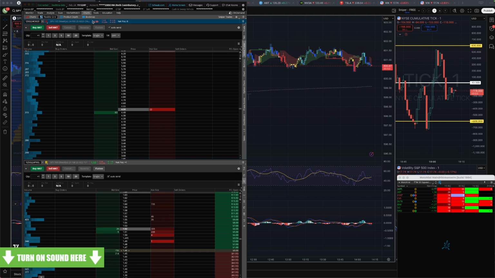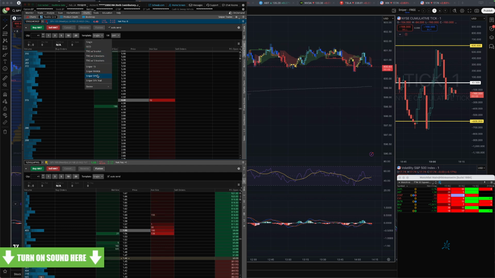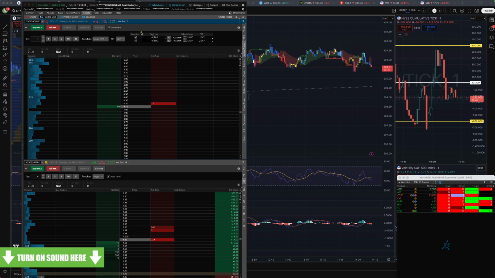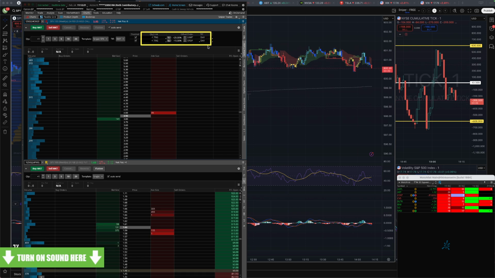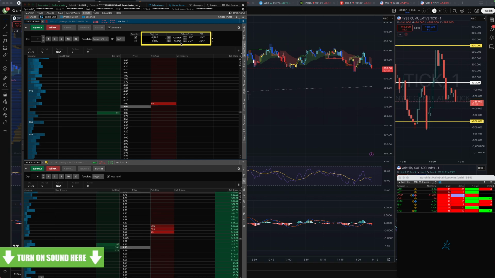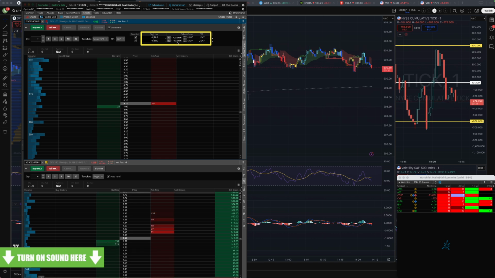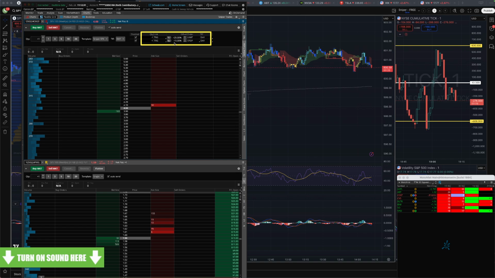On an OCO order, I have it set. You see this sniper SPX. If I pull that down, you'll see right up here, I have it set for a 15% stop automatically and a 25% win. Once I enter this trade, it'll set my take profit and my stop loss automatically for me.